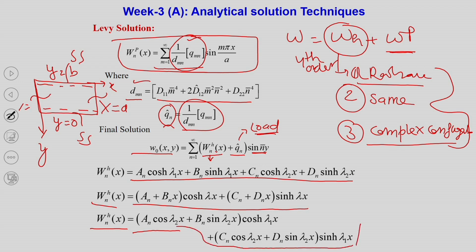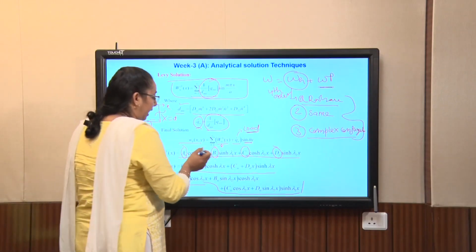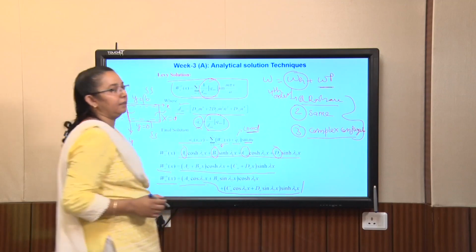Now you see here an, bn, cn and dn. These are arbitrary constants. We have to determine these constants, then only our solution will be complete. Just writing W and WH is not going to serve the purpose. So we have to identify an, bn, cn and dn.